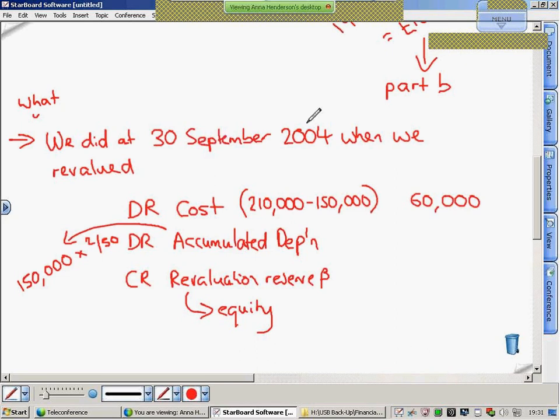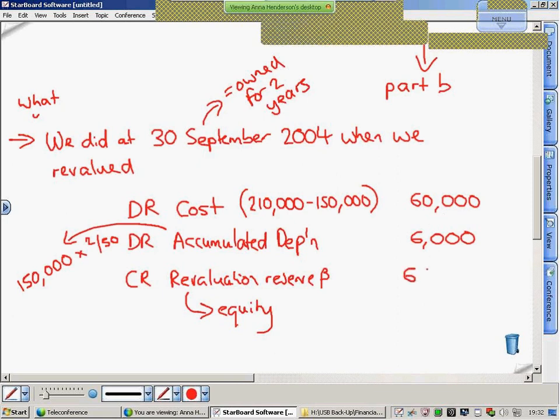So on the 30th of September 2004, for 2 years, essentially, accumulated depreciation being added back, 6,000. Going into the revaluation reserve, then the balancing figure was 66,000.